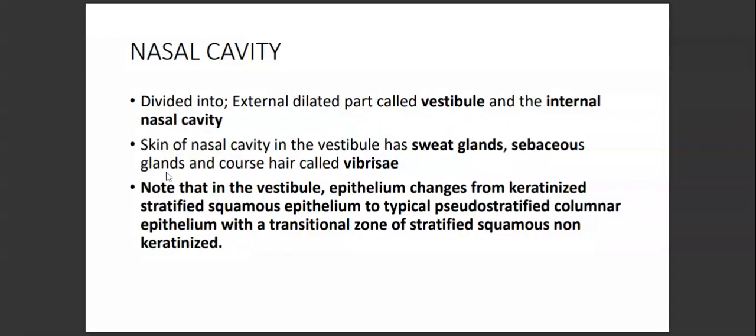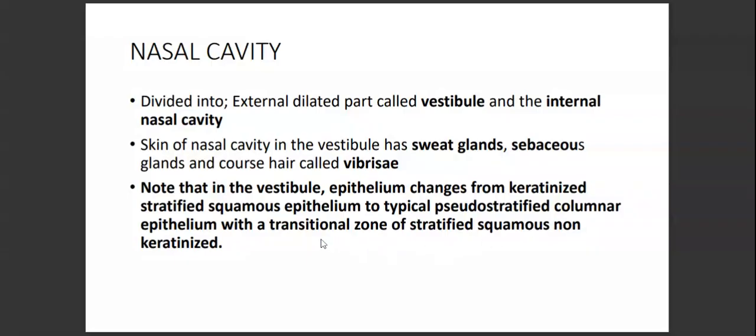Okay. So just to emphasize, note that in the vestibule, the epithelium changes from a keratinized stratified squamous epithelium to a typical pseudostratified columnar epithelium with a transitional zone of stratified squamous non-keratinized. So in the vestibule there's this one important thing that happens: there's a change of epithelium, a transition. The epithelium is transitioning from stratified squamous keratinized epithelium to the respiratory epithelium, which is pseudostratified columnar epithelium with goblet cells.